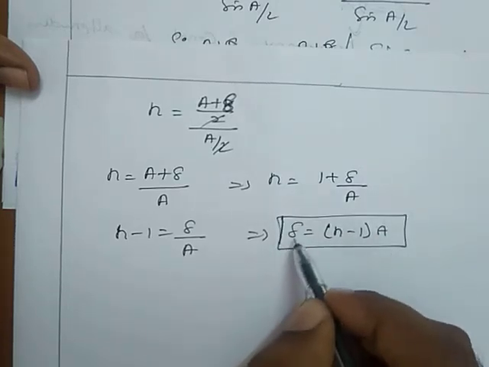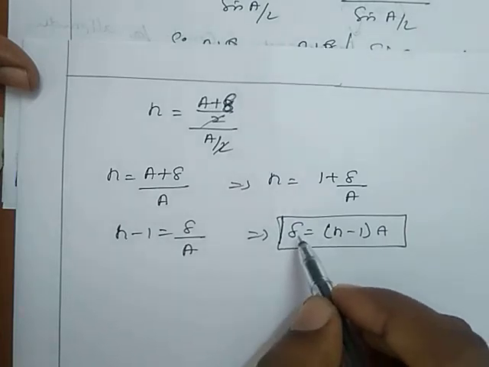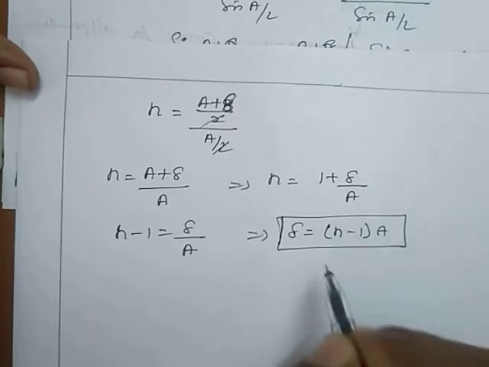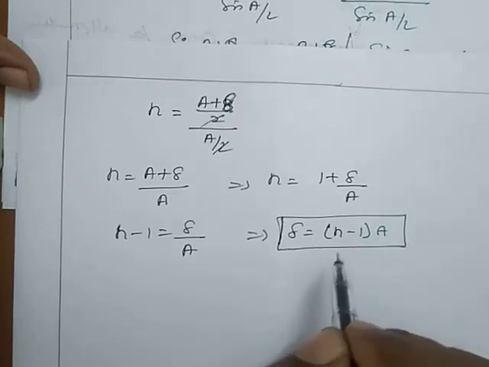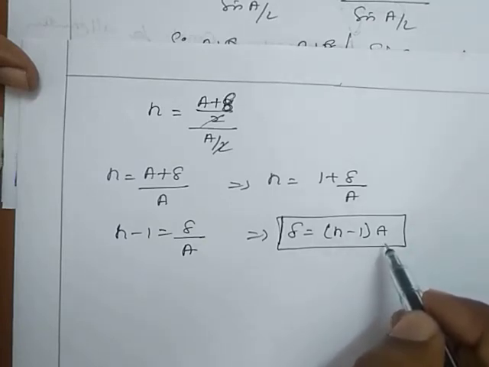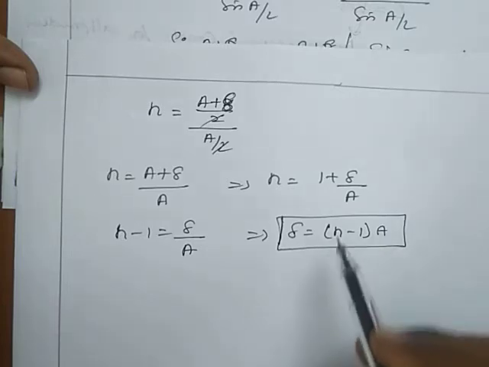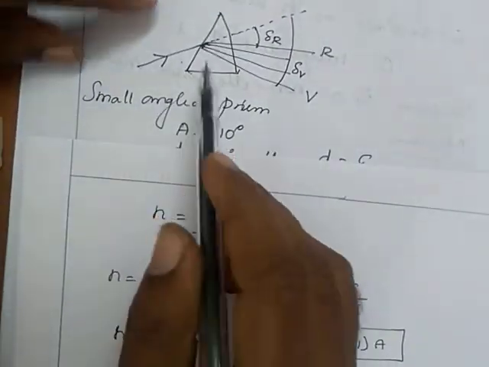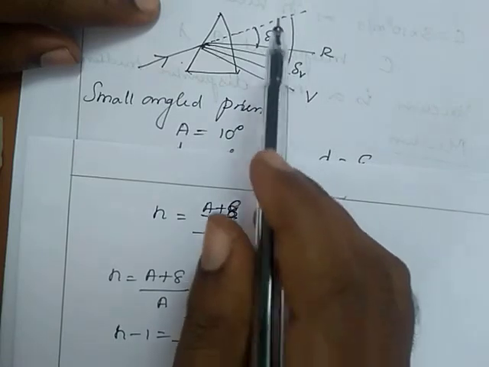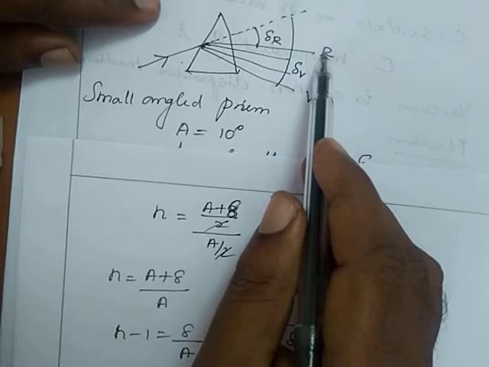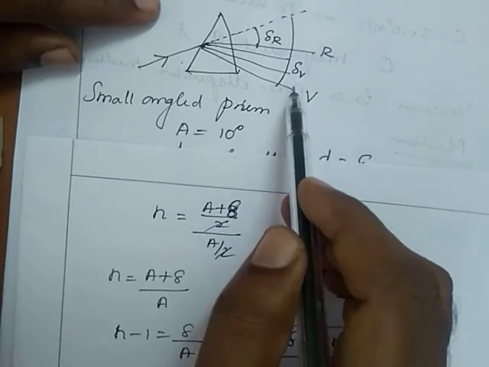This delta is nothing but the angle of minimum deviation. The delta depends on the refractive index of the material of the prism and the angle of the prism. When a white light enters the prism, the deviation is different for different colors. Red is least deviated and violet is more deviated.